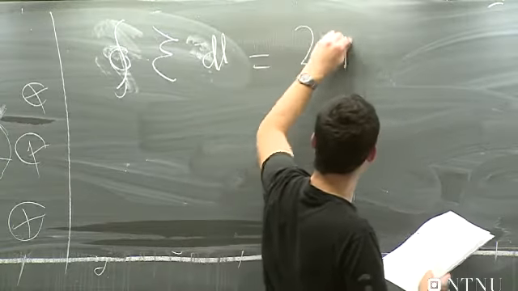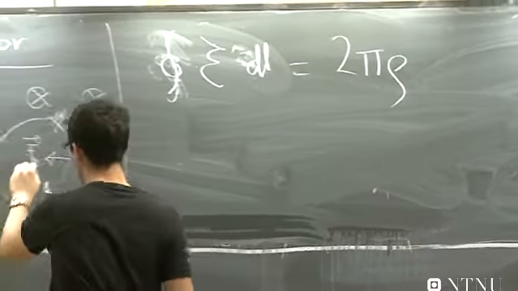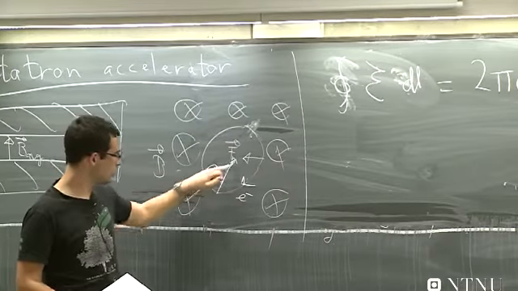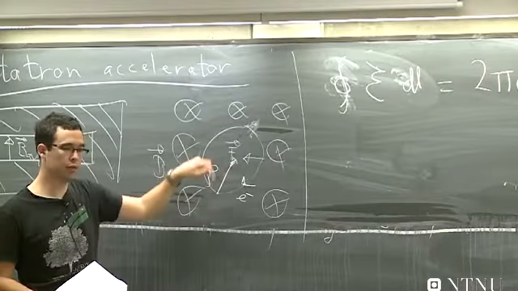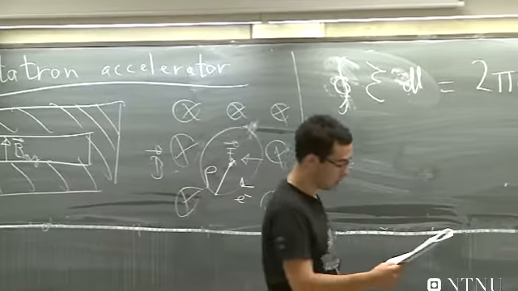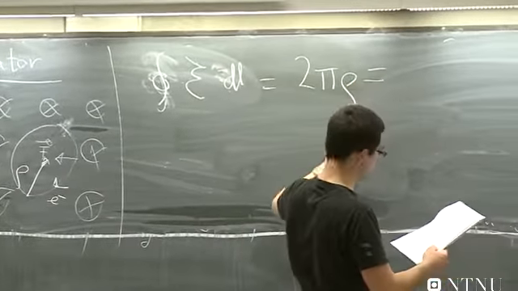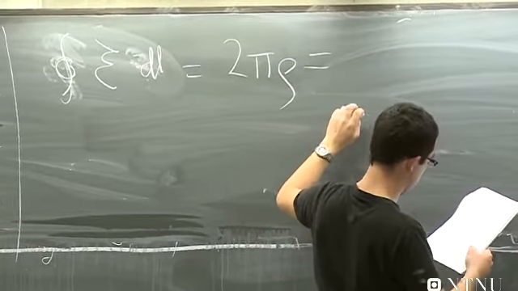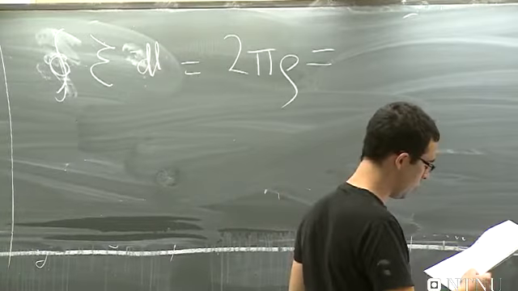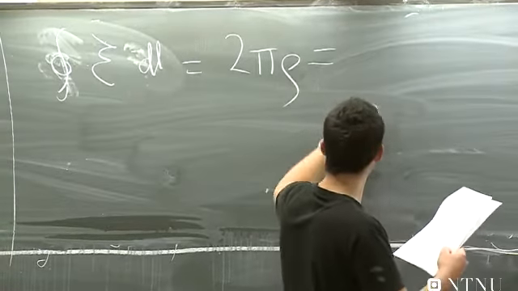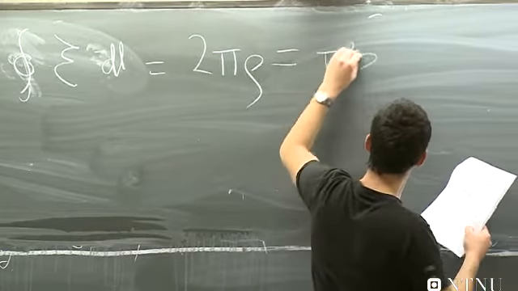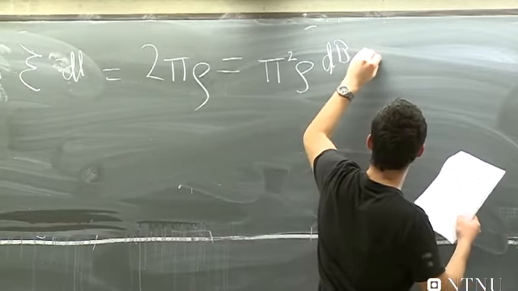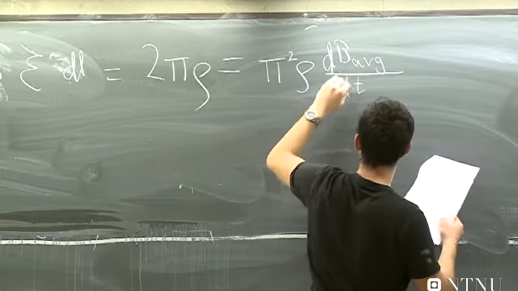Okay, 2 pi times rho, and rho is the distance from the center, the radius of the circular trajectory. And it should be equal to, yeah, this is from the Stokes theorem. That's right. Okay, so it's pi rho squared dB average dt.